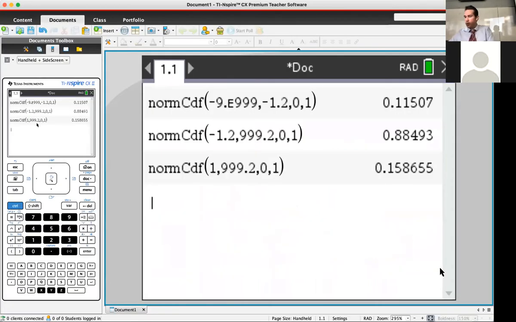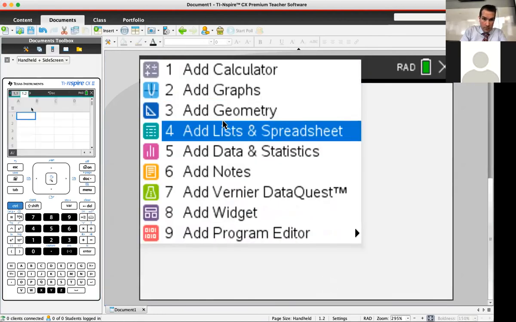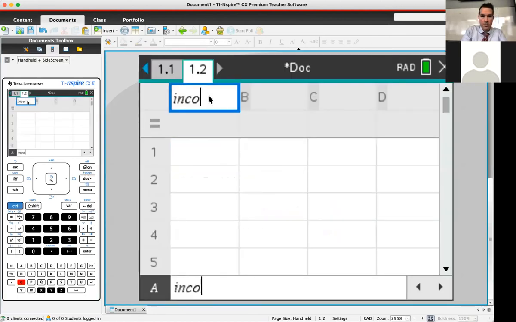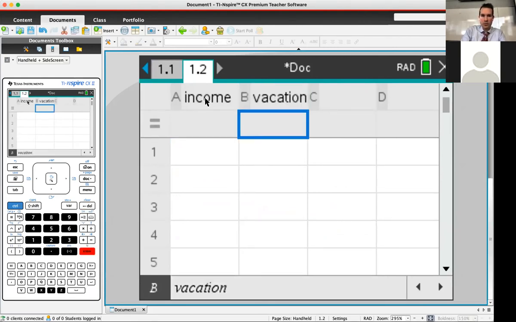Okay, the next thing says: calculate the coefficient of determination and interpret the value. So what we should have done is enter income, that's vacation.